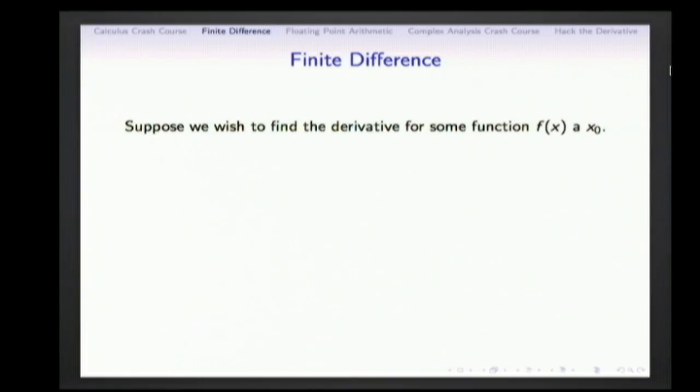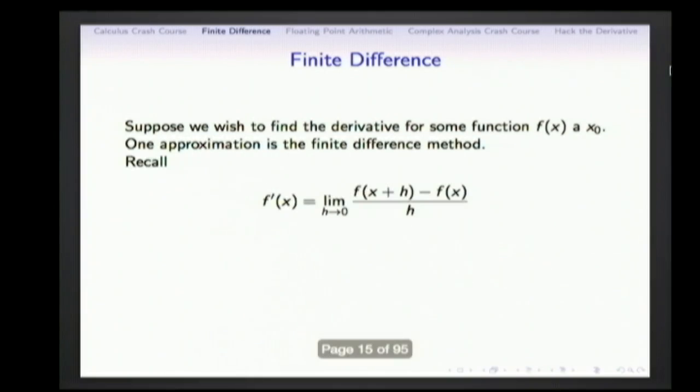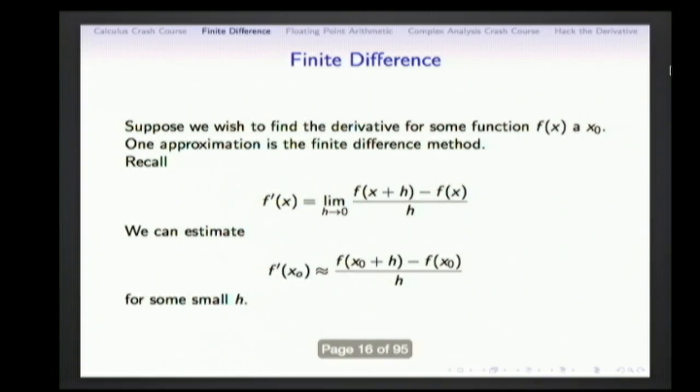Now suppose we wish to find the derivative of f of x at some given point. One approximation that's commonly used numerically is finite difference. We say the derivative is approximately equal to this function for a very small h.